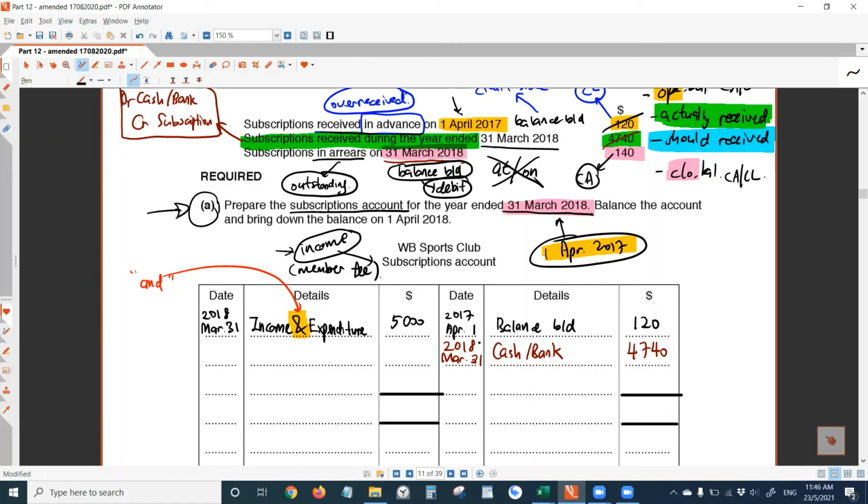Now, see which side is greater? The debit side is greater, right? So total up the debit side, copy this number to the other side. Then you do deduction, 5,000 minus these two amounts. 140. Carry down diagonally.